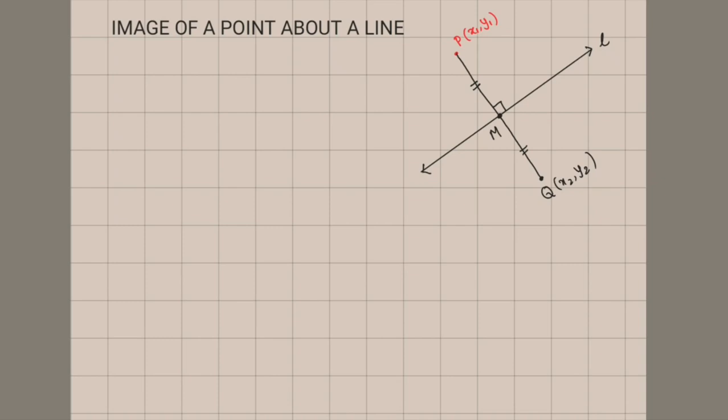So PM equals MQ. What does this mean? M is the midpoint of PQ. So what is M here?